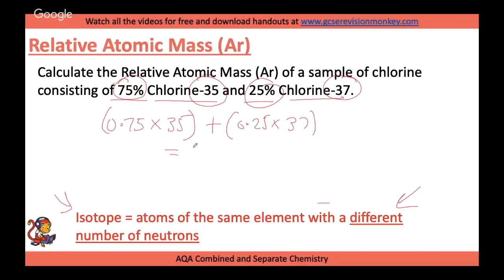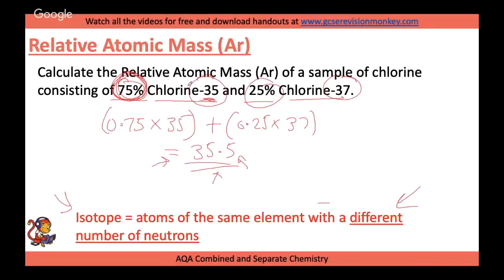And that will give an answer of 35.5. Now, we know that's the right answer because it's going to be an average which lies between 35 and 37. And because there's 75% of 35, it's going to be a lot closer to 35.